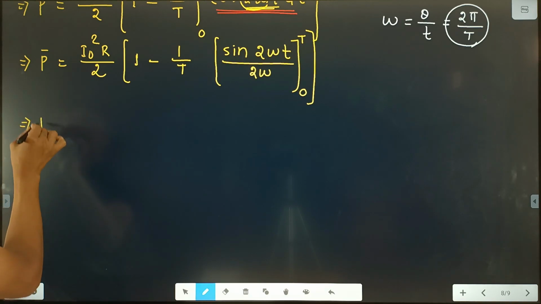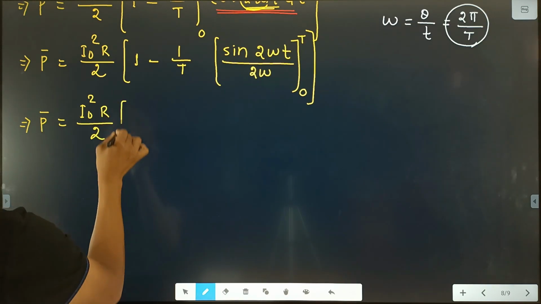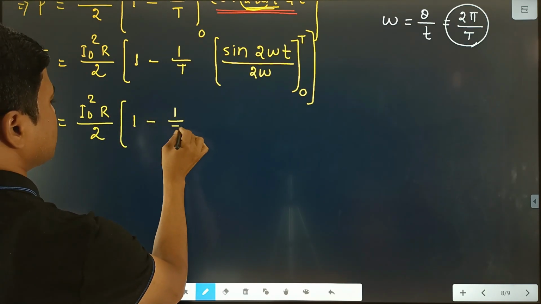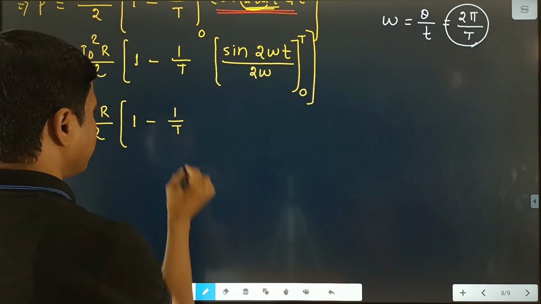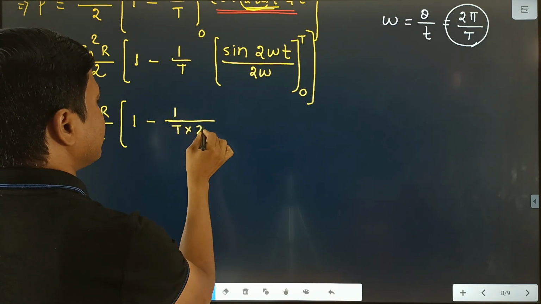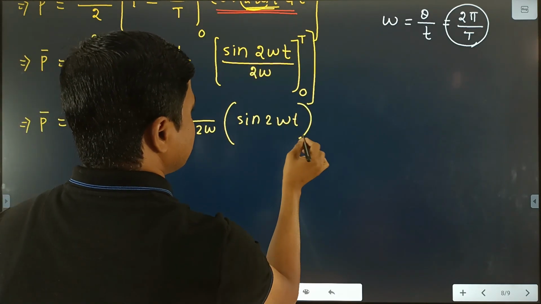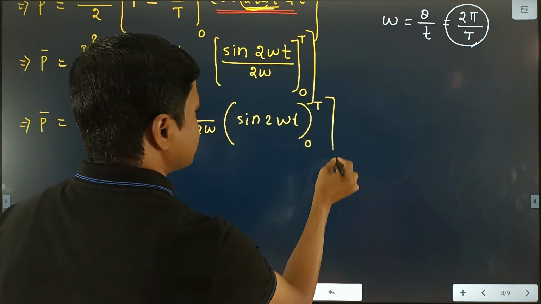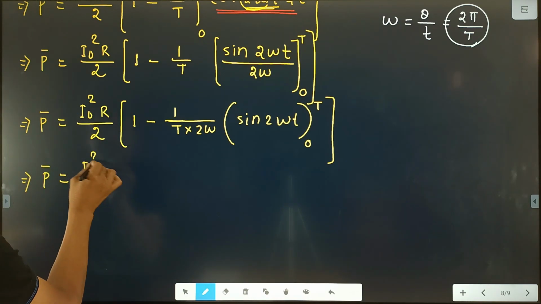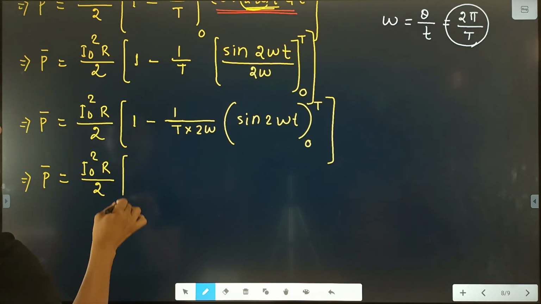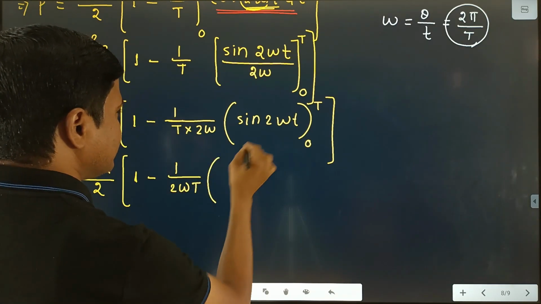we write average power consumed is equal to I0 square R divided by 2 multiplied by 1 minus 1 by T. Here also we take 2 omega outside, we write T multiplied by 2 omega, remaining is sin 2 omega t, lower limit is 0, upper limit is capital T. That implies average power consumed is equal to I0 square R divided by 2 multiplied by 1 minus 1 divided by 2 omega T inside the bracket.